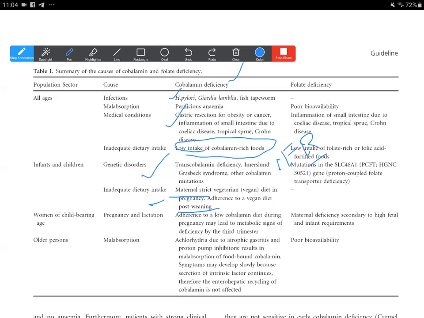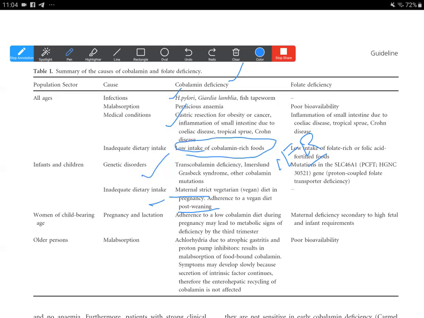So there could be inherited mutations in either the cubilin part of it or that could affect the amnionless, the AMN part of it. So cubilin and amnionless mutations in the genes that form the intrinsic factor receptor.